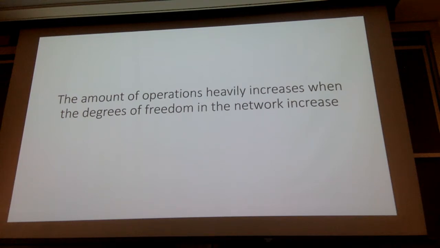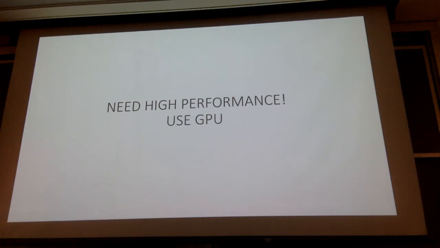In these functions, we have thousands because our parameters are the degrees of freedom for us. So we need a lot of high performance in this case. We need to be very fast at doing very low level operations, right? So the fastest way is to use GPUs.